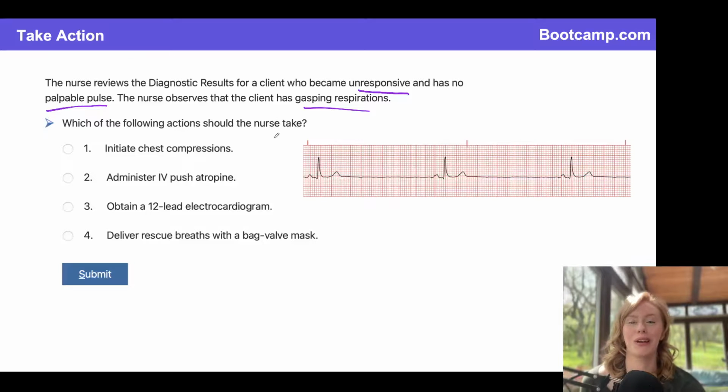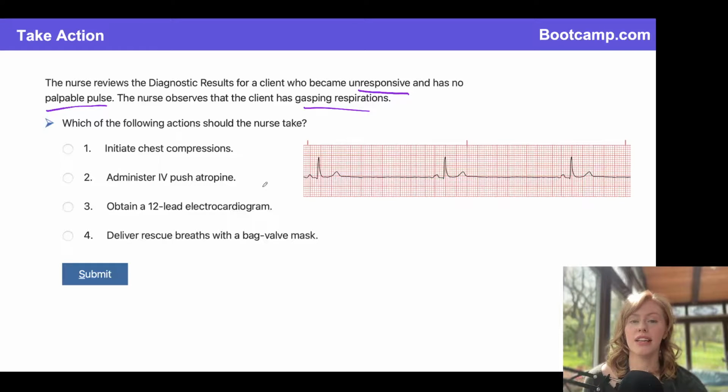And so we've got this patient, unresponsive, no pulse, gasping respirations. Do you want to either initiate chest compressions, give IV push atropine, obtain a 12-lead EKG, or deliver rescue breaths with a bag valve mask? What do you guys think? So here's a hint.